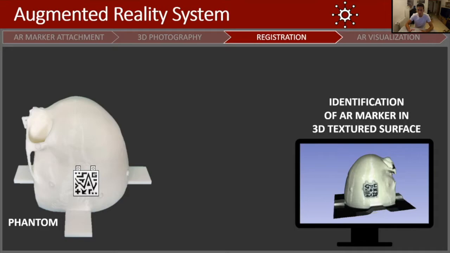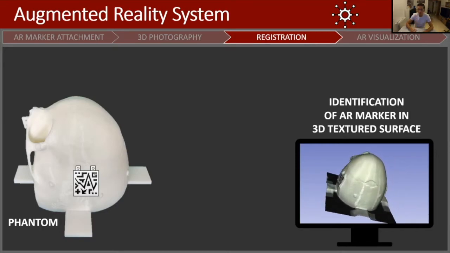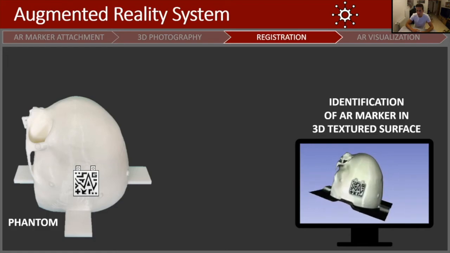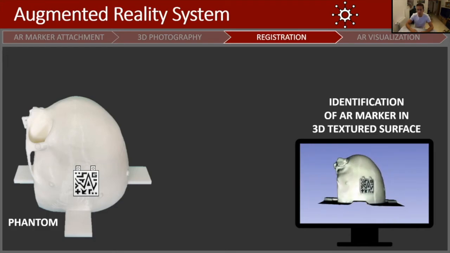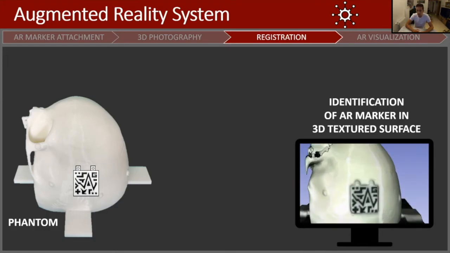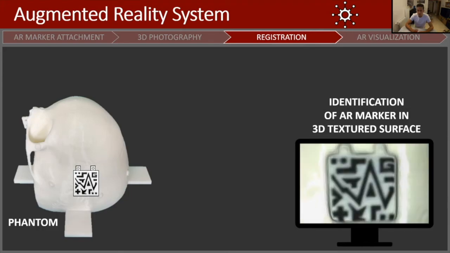Finally, for the registration, we can take into account the 3D photograph to identify the augmented reality marker position by identifying some reference landmarks on the pattern of the markers. This way, we can register the virtual data with the patient anatomy, and we can know where to position that virtual data with respect to the augmented reality markers.